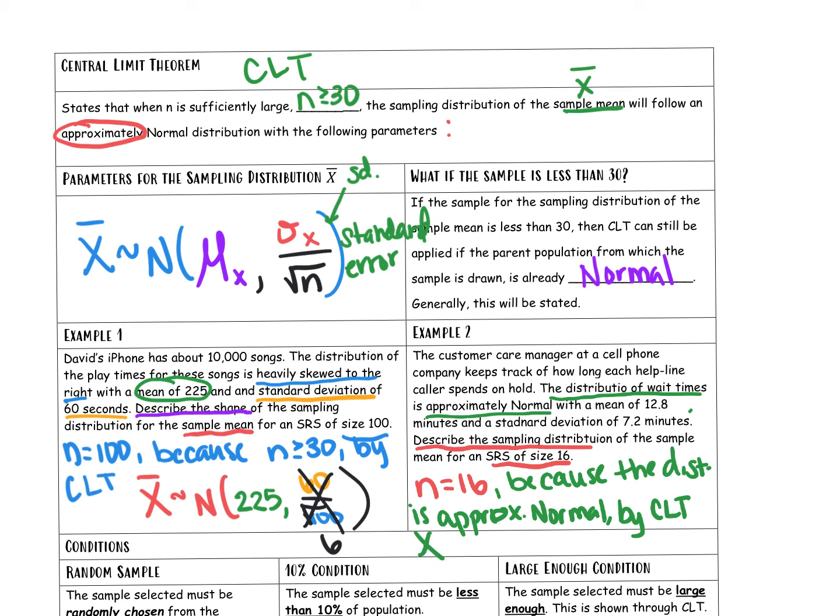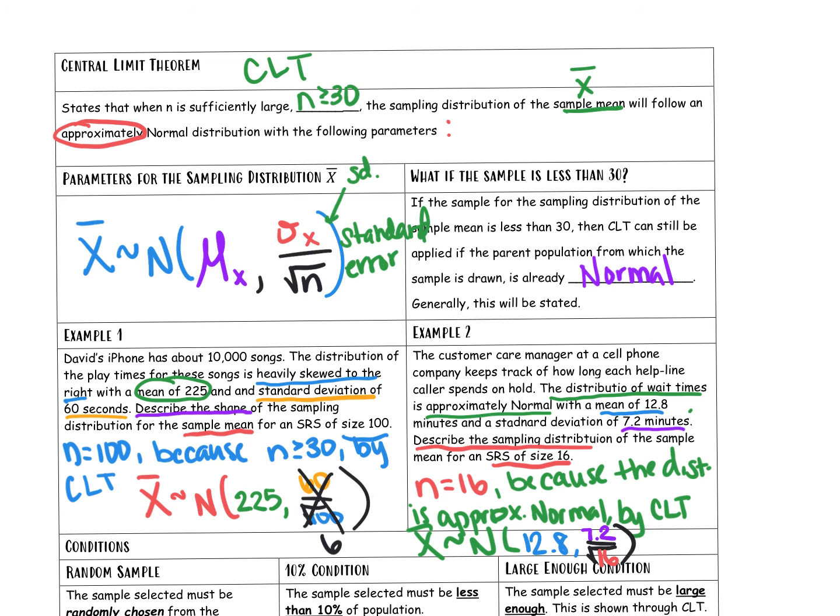x bar, the sample mean, follows a normal distribution with the mean of the population. In this case, the mean of the population is 12.8. And a standard deviation, or standard error, equal to the standard deviation of the population, which is 7.2, divided by the square root of the sample size, which here is 16.